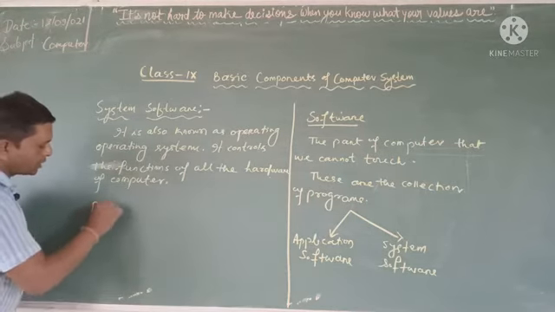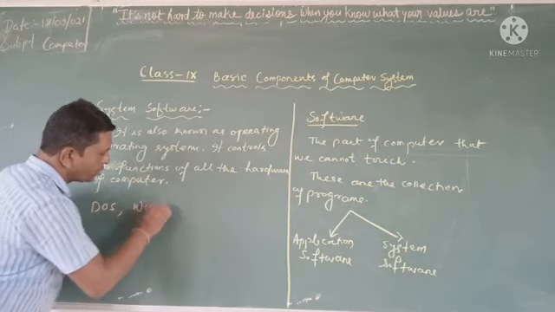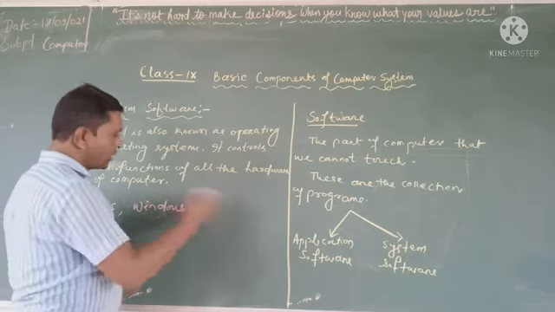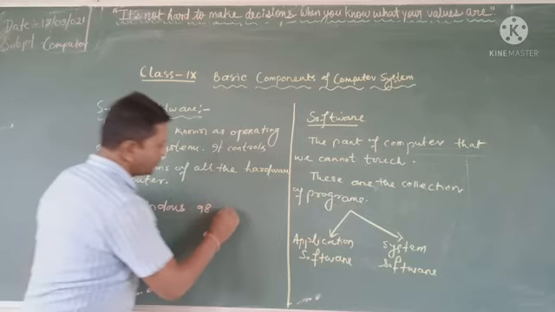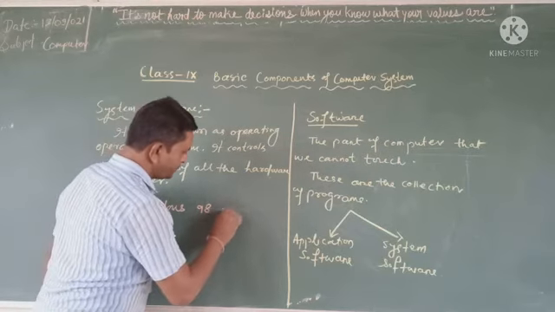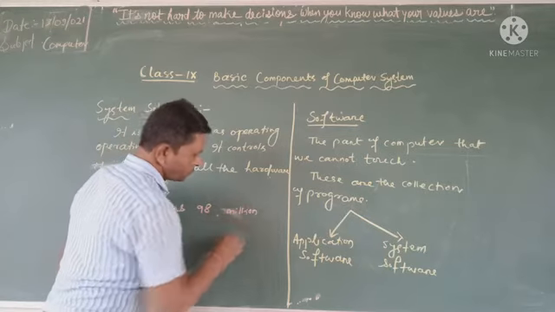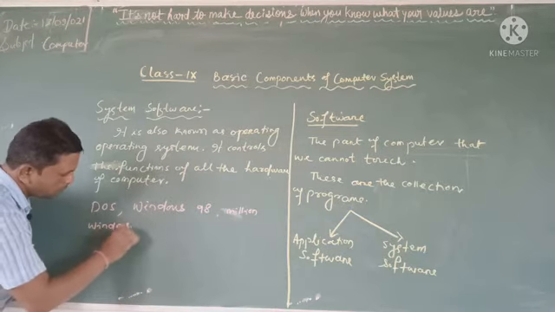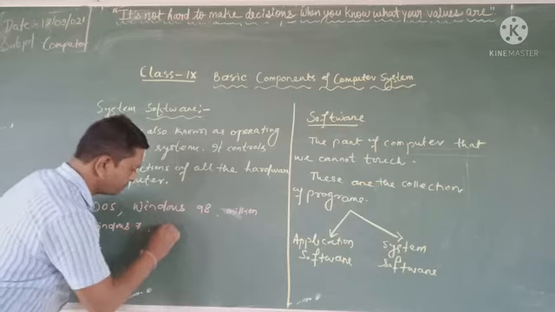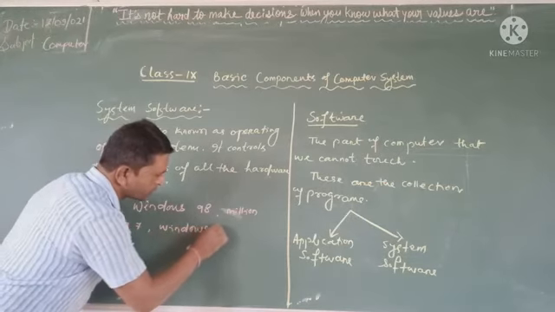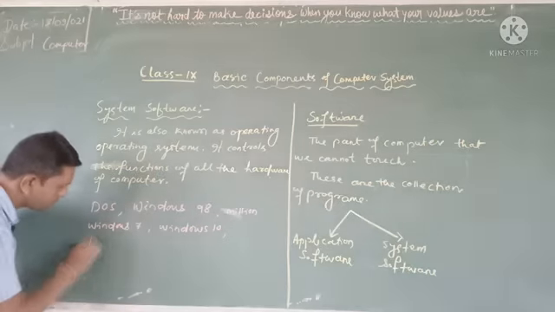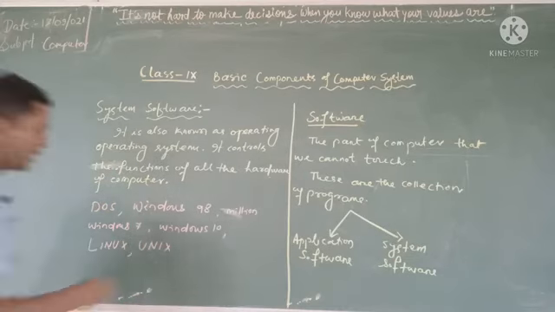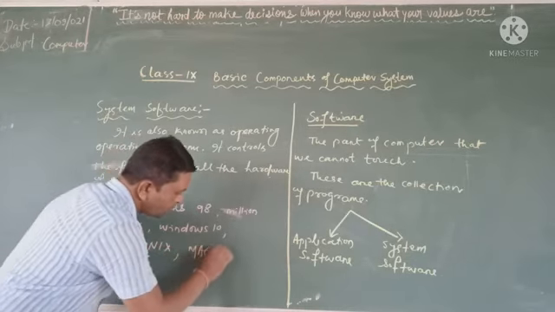There are different types of system softwares, but what we use in our computer: first one is DOS and Windows. In Windows there are many variants: 98, Windows Millennium, Windows 7, Windows 10, Linux, Unix, and one more, Mac OS.